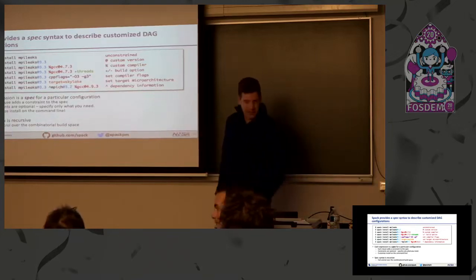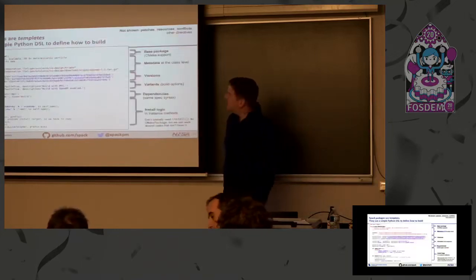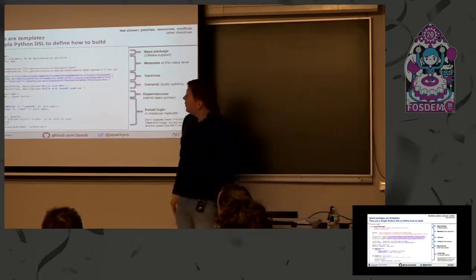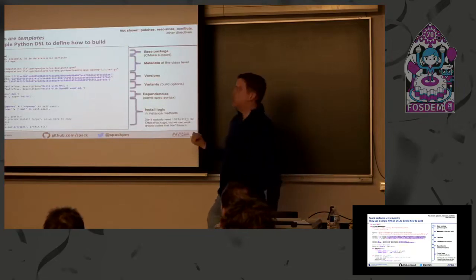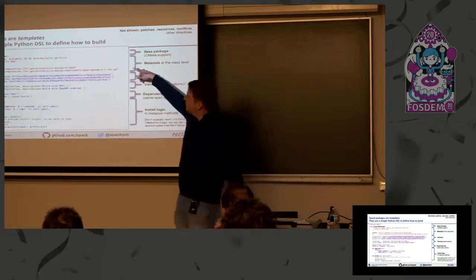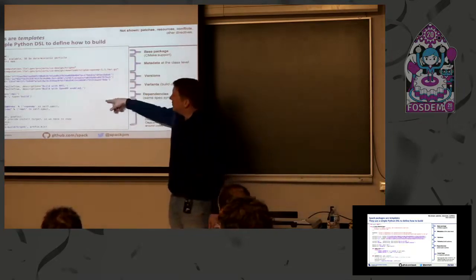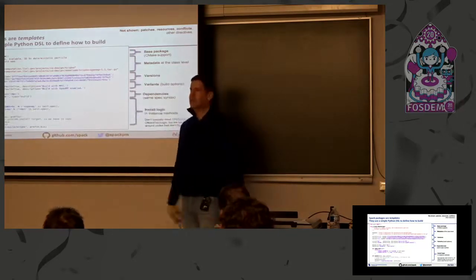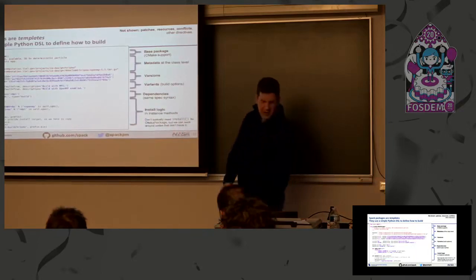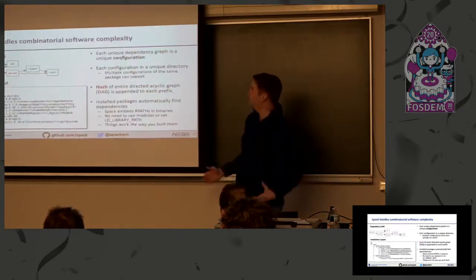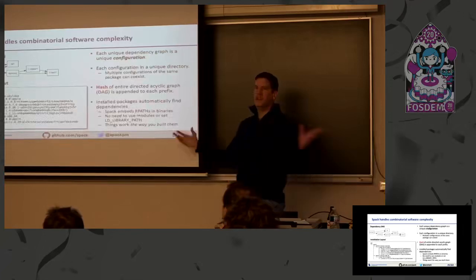So if you install one thing. The packages, like I said, they're templated. And so if people are familiar with Homebrew, the package recipes look a lot like Homebrew. They're just written in Python. But they're also templated. So you can have lots of different versions, lots of different options, lots of different dependencies that are potentially optional. And then there's build recipe stuff down here. And so with that, what we're doing is we're enabling you to build all of the things.